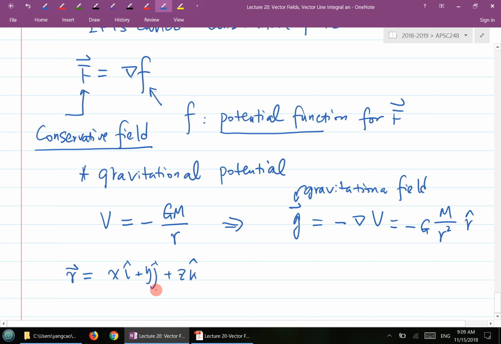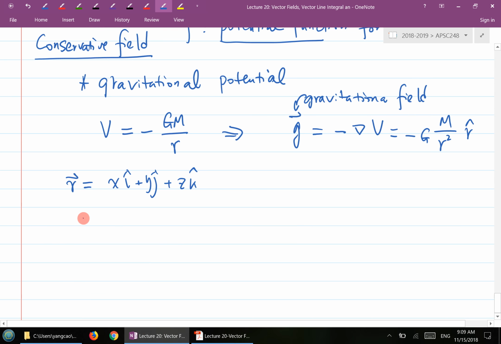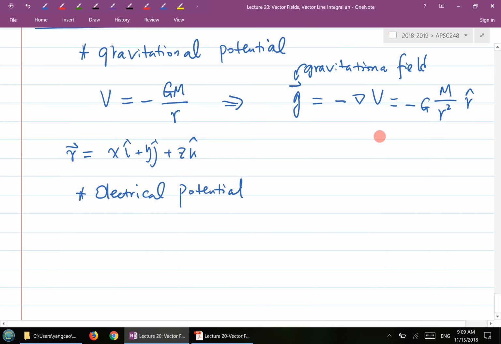So that's gravitational potential. In electromagnetic fields, we have the electric potential. If you have a point charge, you can write it down as this. This is your electric potential: charge Q over 4 pi epsilon times R, the distance.